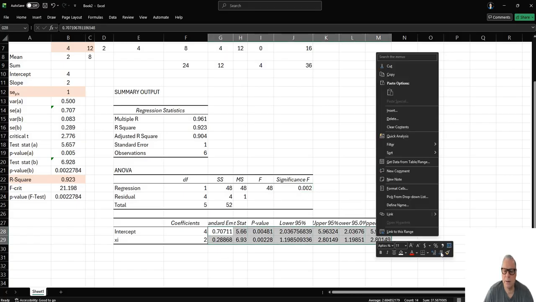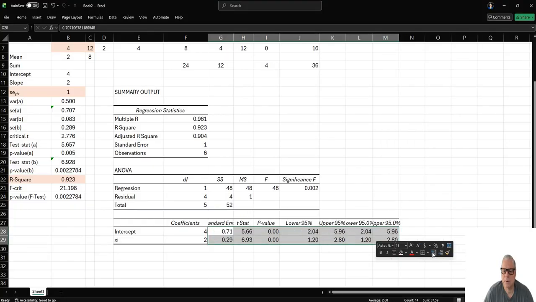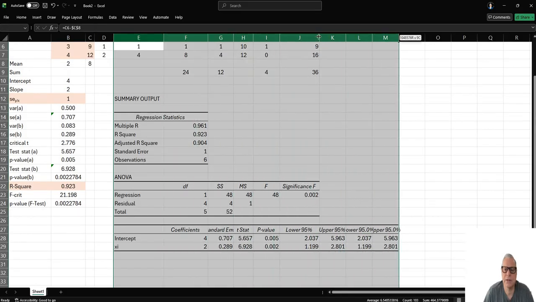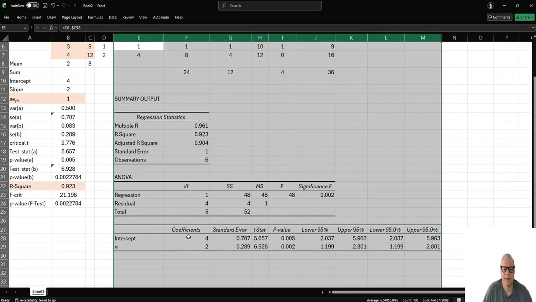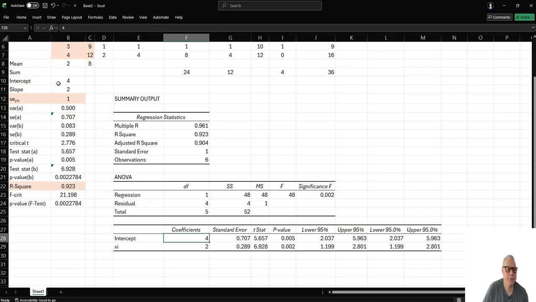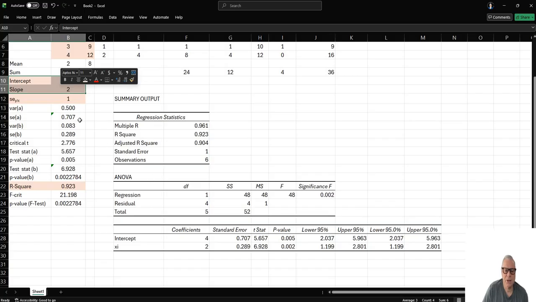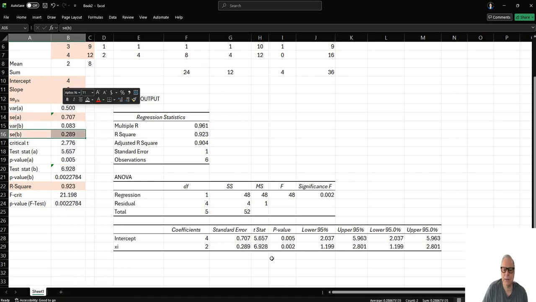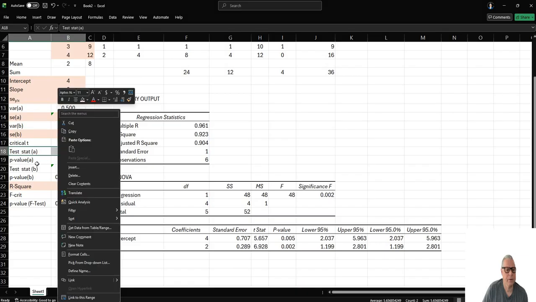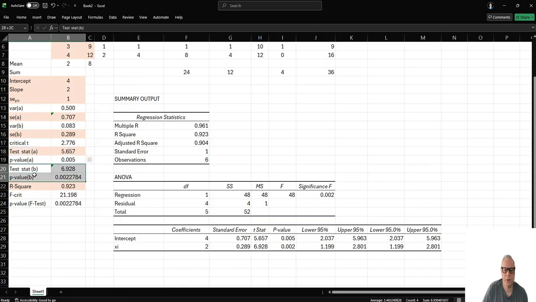Okay, we can see that our standard errors are the same. So the coefficients 4 and 2, that's what we got as well. Then the standard error 0.707, and the standard error for B, 2.89. The t-stat 5.657, and the t-stat 6.928.